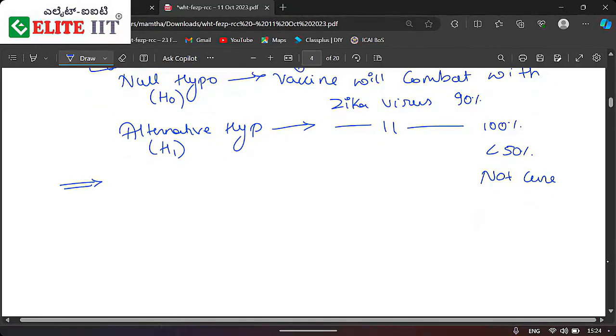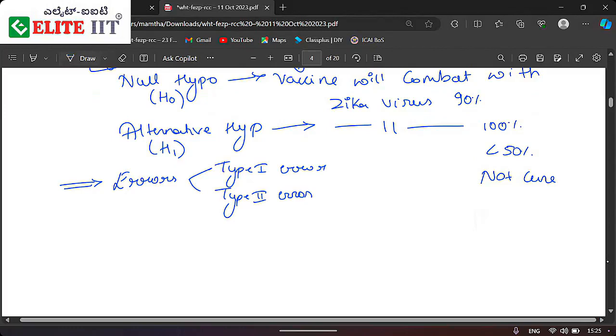Now, you have tested your hypothesis and there is a result in front of you, but there are possible errors that can occur. There are two types of error, called type 1 error and type 2 error.